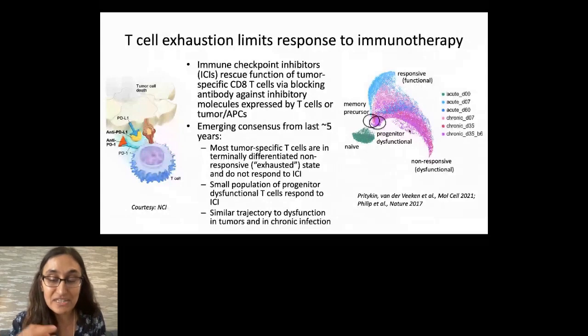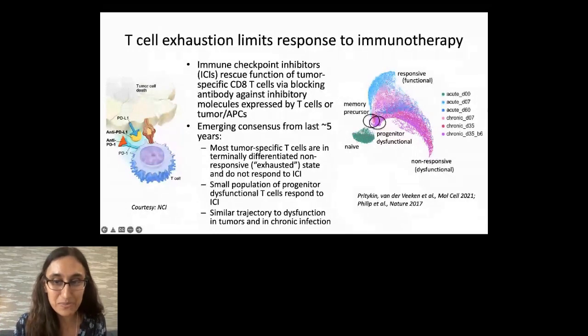At least early after antigen presentation, these progenitor dysfunctional cells are very similar to memory precursor cells. And as Yuri mentioned, there's a common trajectory in tumors and chronic infection establishing this terminally dysfunctional state. And this is work of many labs. I'm just citing 2 papers that we were involved in.